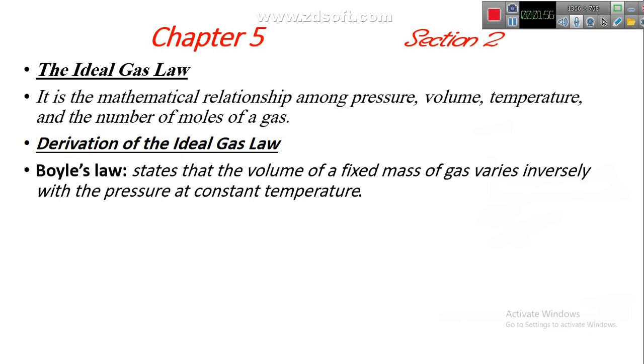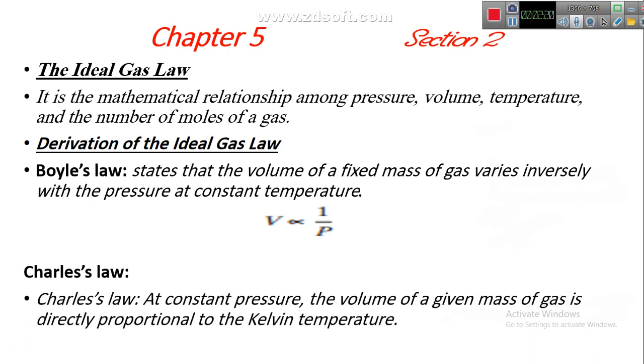Boyle's law says that the volume of a fixed mass of gas is inversely proportional to the pressure at constant temperature. V is inversely proportional to pressure at constant temperature. In Charles' law, the relation is between volume and Kelvin temperature: the volume of a fixed amount of gas is directly proportional to the Kelvin temperature.